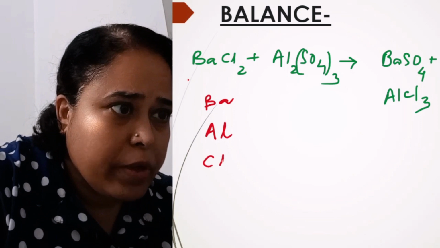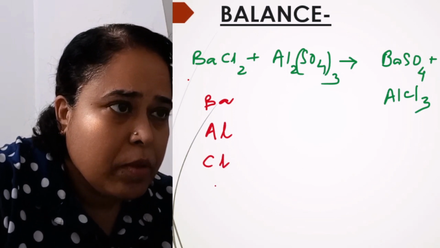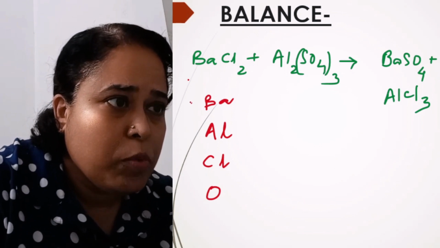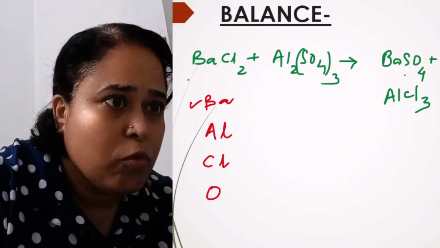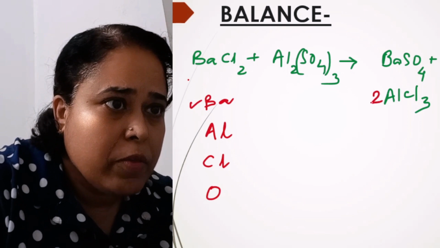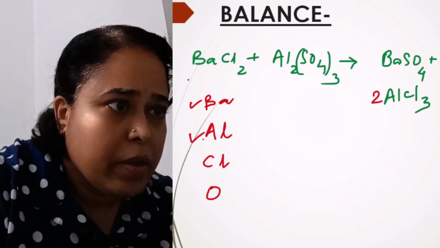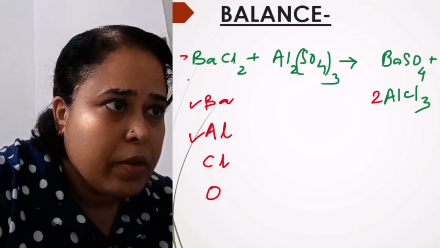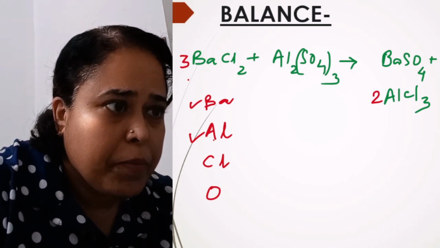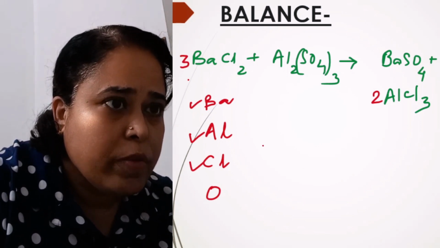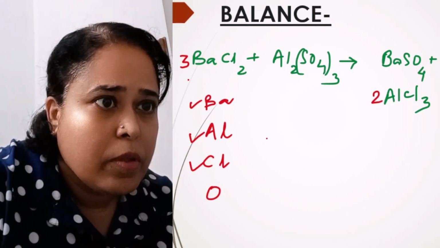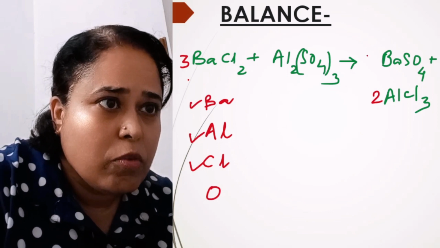Chlorine comes next, a non-metal. Then comes oxygen. Barium is balanced on both sides. Aluminium is not balanced. Balance it. Balanced. Chlorine is not balanced. Balance it. Chlorine is also balanced. Oxygen 12, and not balanced.